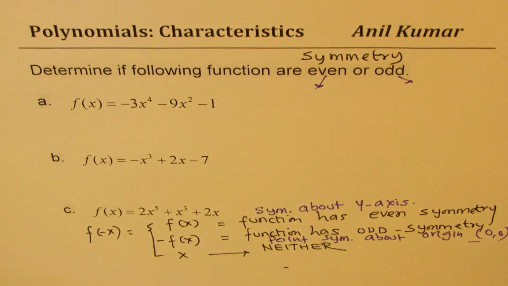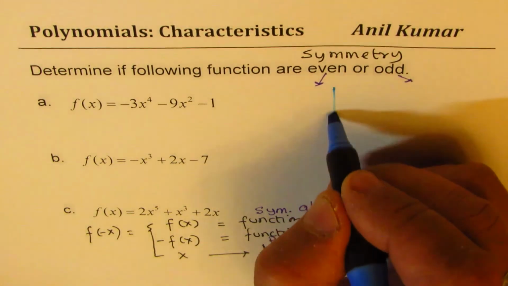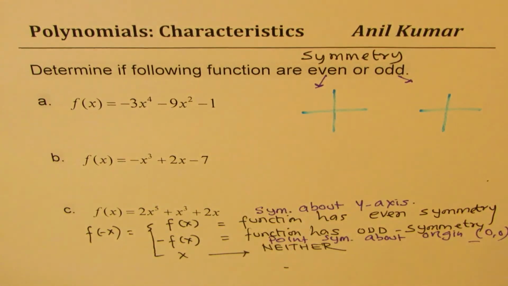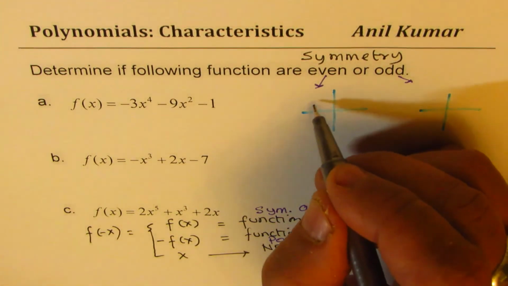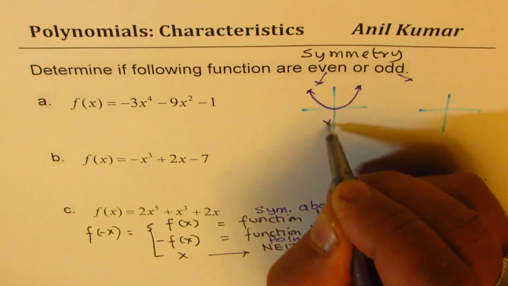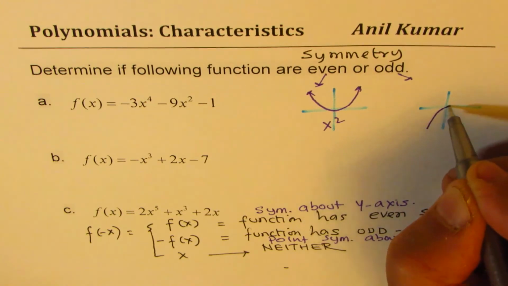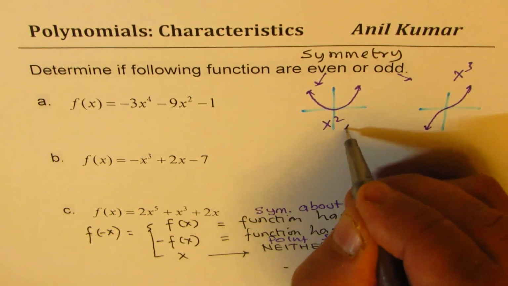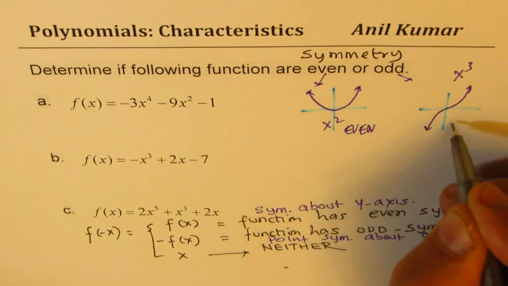To give you an example, let me give you functions which could have even and odd symmetry. The simplest function is x squared, right? So x squared here and x cubed. Even and odd. So this is even and this is odd.